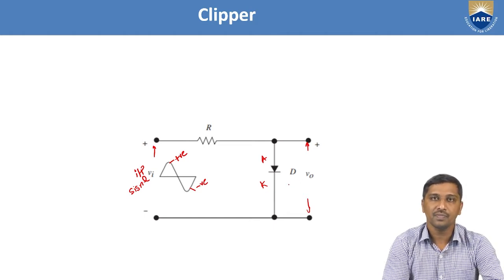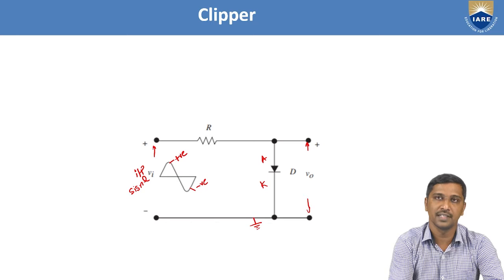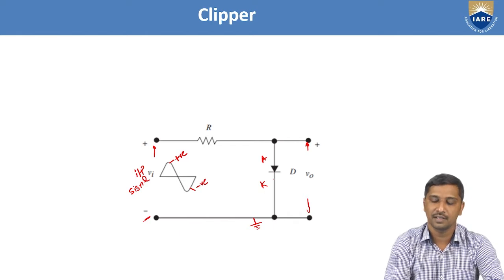Now, based on the utilization of the diode, in this case the anode is connected to the positive pole of the input signal and the cathode is connected to the negative pole. Or we can also connect in a different fashion, like the cathode connected to positive or the anode connected to negative.